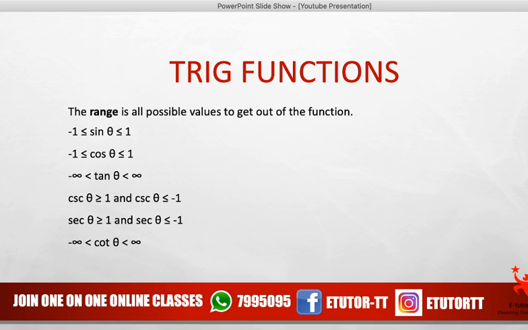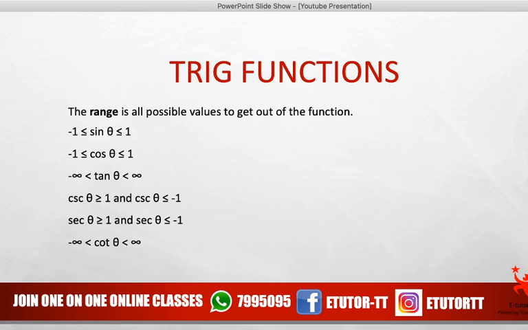The range is all possible values you can get out of the function. Negative 1 is less than or equal to sine theta, which is less than or equal to 1. Negative 1 is less than or equal to cos theta, which is less than or equal to 1. Negative infinity is less than tan theta, which is less than infinity.